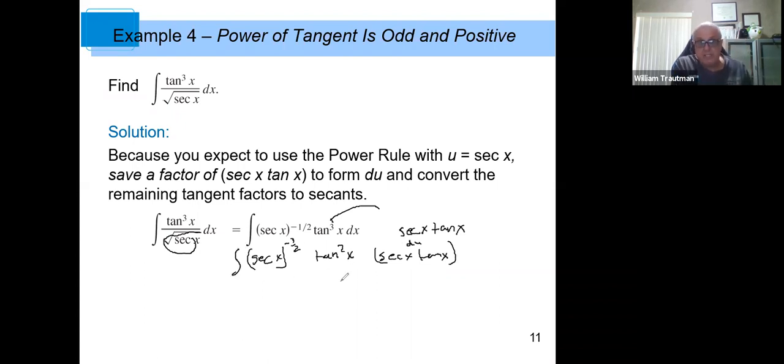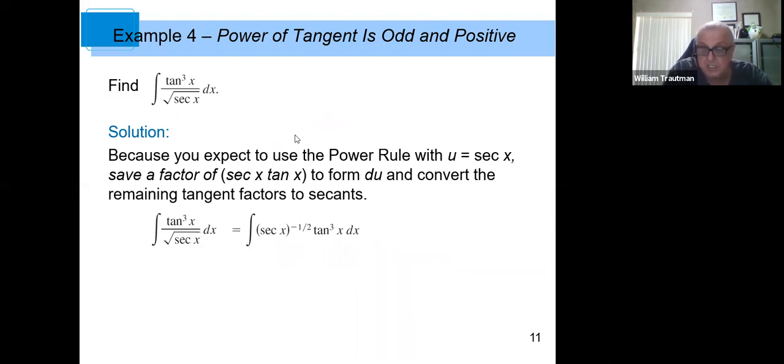Okay, so this is the du part, but this is where we're at. We're integrating at this point. So I just wanted to make sure we brought this up to the top. We take a secant out and we take a tangent out by subtracting 1 from each. Negative 1 minus 1 is a negative 3/2. Okay, so that's what's happening.